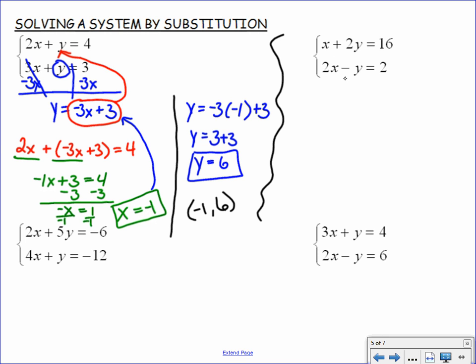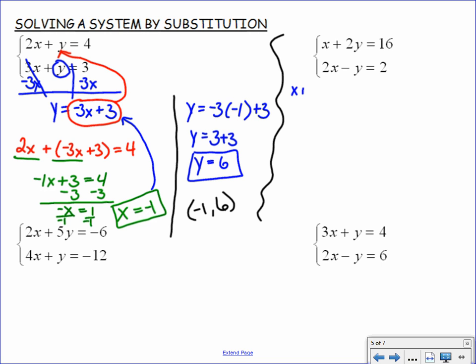Next problem. Since I am looking for a leading coefficient of 1, my x value in the first equation has a leading coefficient of positive 1.